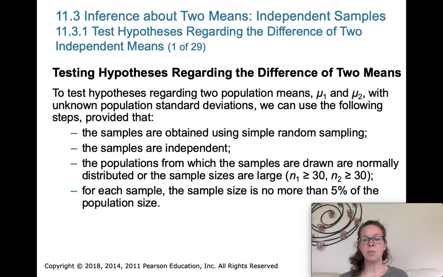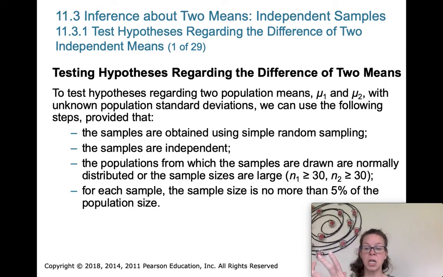So again, same requirements as we've been looking at all throughout. The two samples should be done through simple random sampling, not convenient sampling, but simple random sampling. The two samples should be independent of each other for this method. So that means I've got my population. From that, I choose a sample.